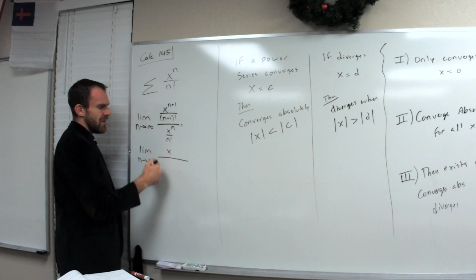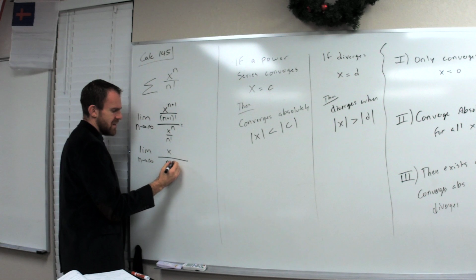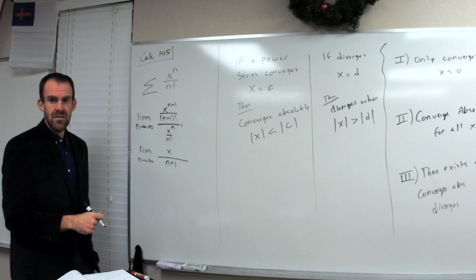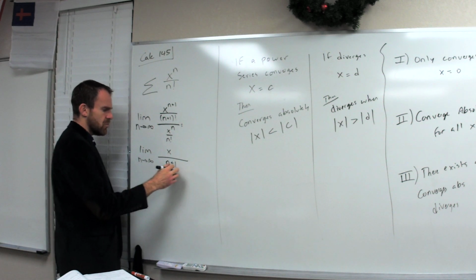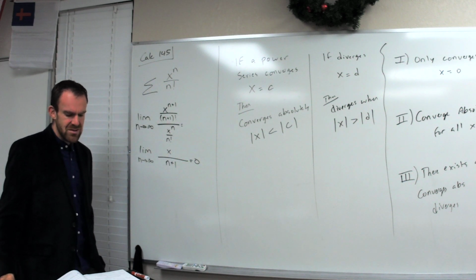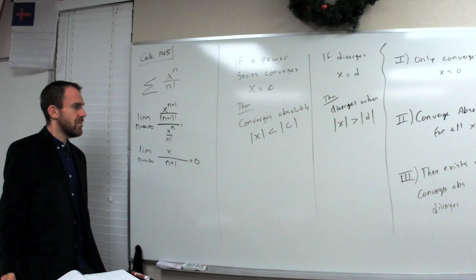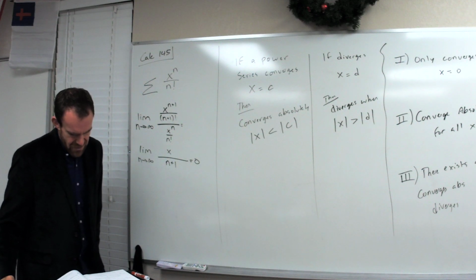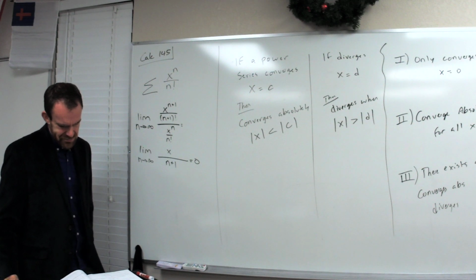N plus 1 factorial divided by n factorial is n plus 1. So this approaches 0, and so based on our ratio test, we have that this converges.